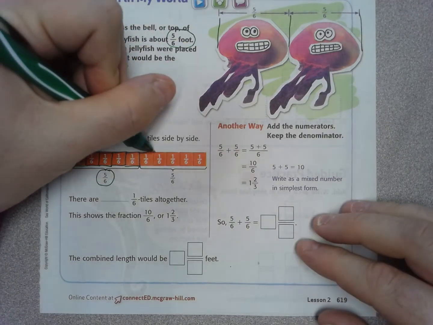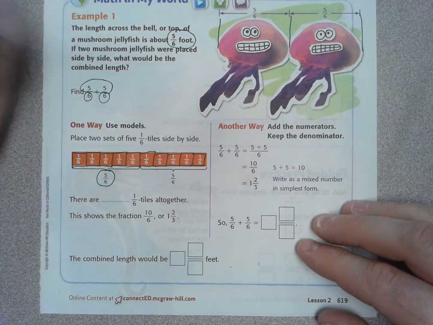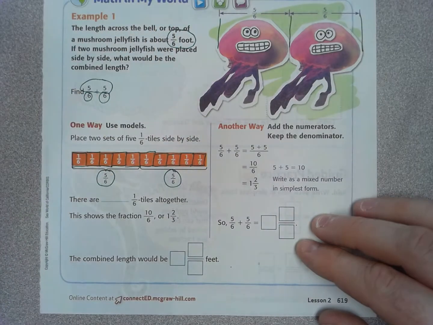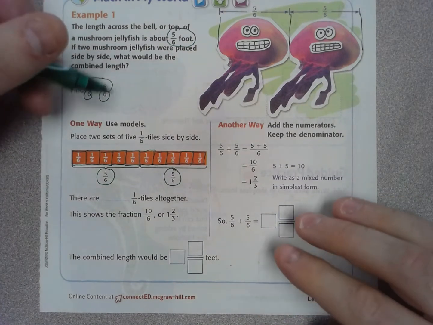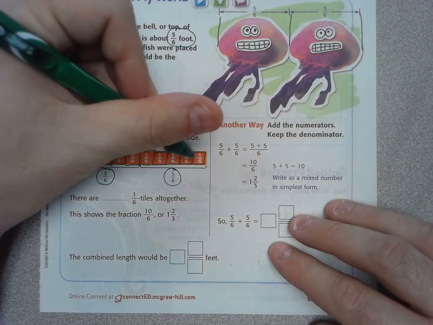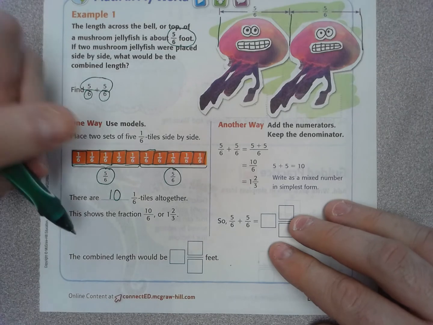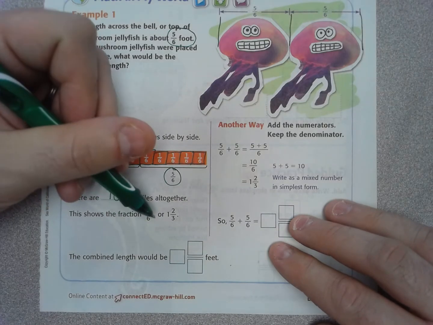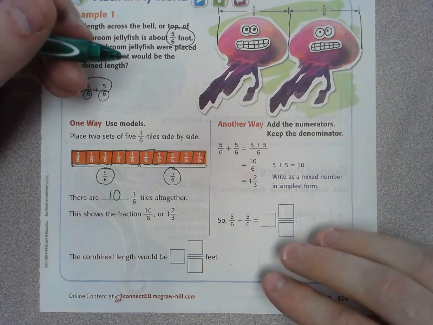And then you have another set of 5/6, and that's where you get the 5/6 here. Okay. So there are blank 1/6 tiles altogether. So you're going to count 1, 2, 3, 4, 5, 6, 7, 8, 9, 10. There are 10 1/6 tiles altogether. So this shows the fraction 10 over 6. Okay. So you have 10/6. You have 10 of those.